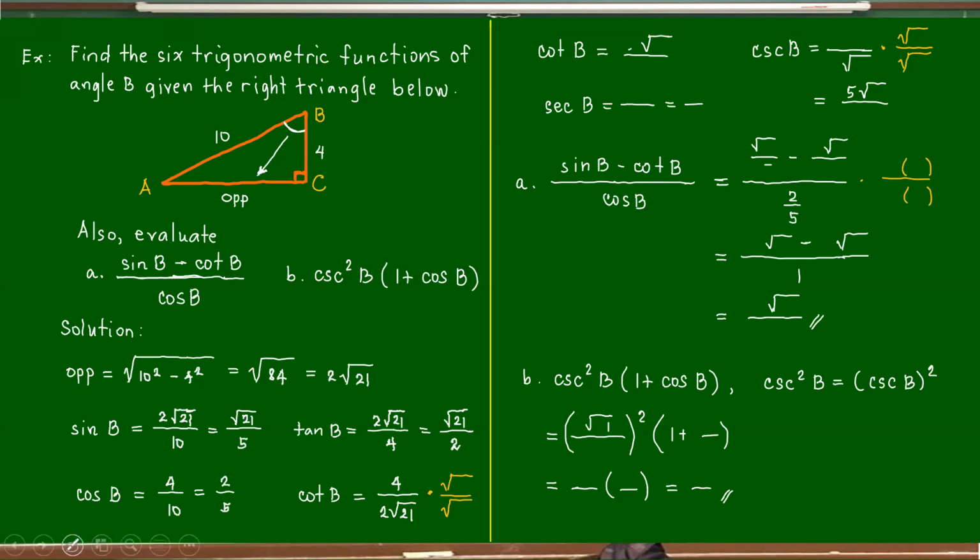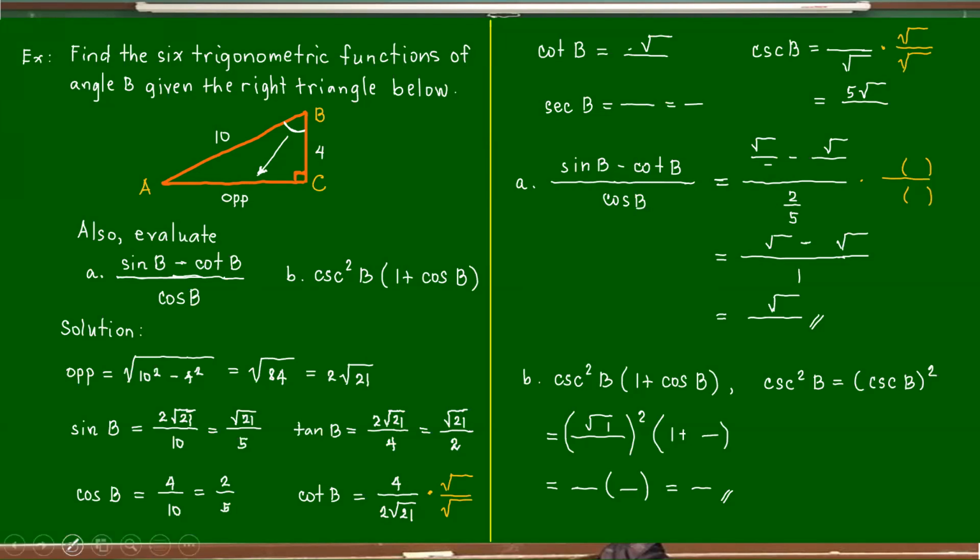So remember, when you have a radical in the denominator, to be in simplest form, you have to get rid of that square root of 21 in the denominator. Meaning, we have to rationalize the denominator, no?